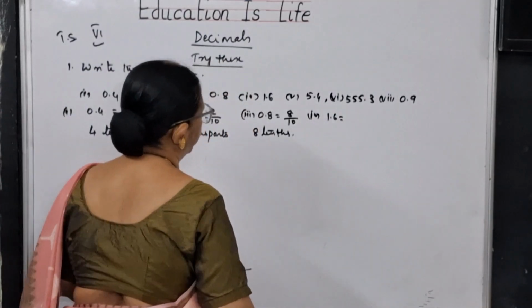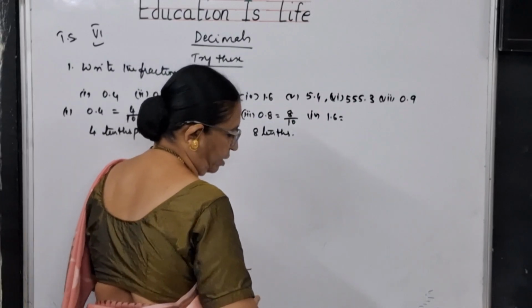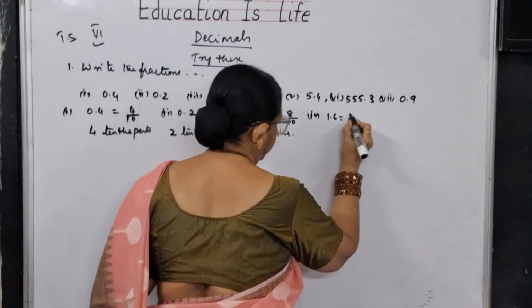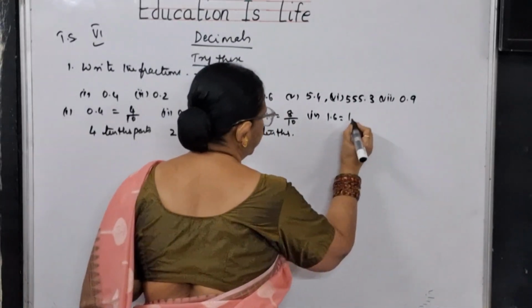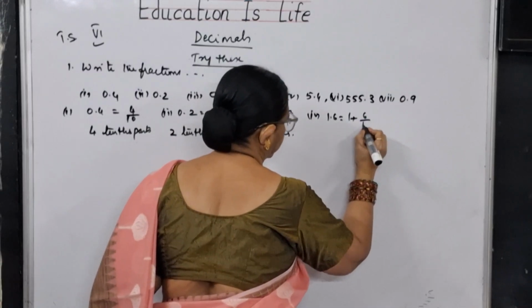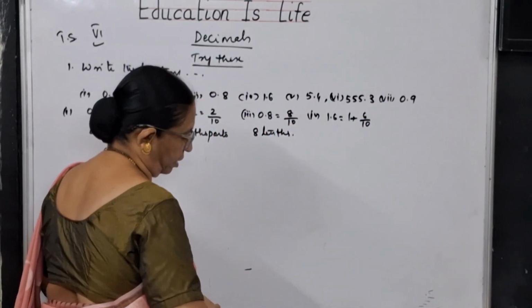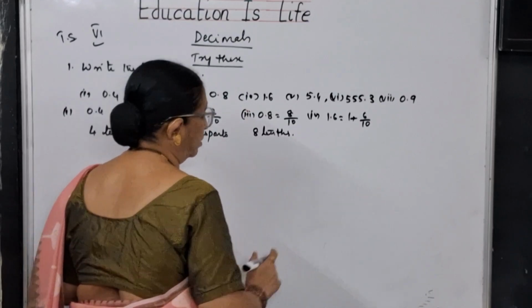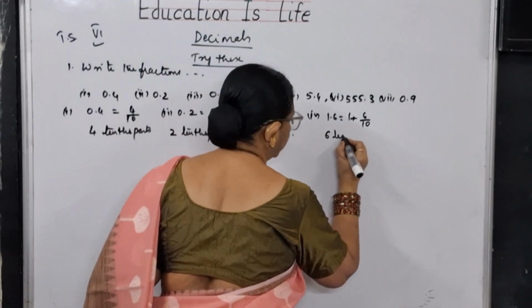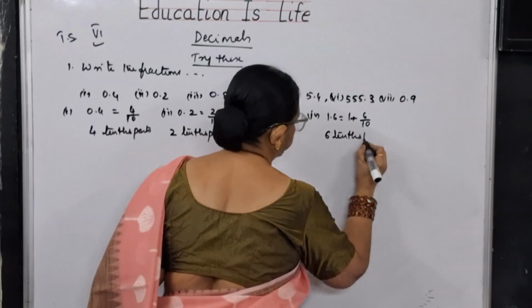Now the fourth, 1.6. How will you write 1.6? The integral part is 1 plus the decimal part 6 by 10. So 1 6 by 10. How many tenths parts does it have? 6 tenths parts.